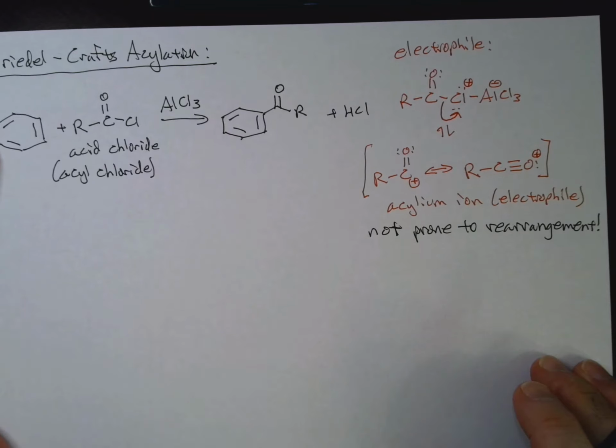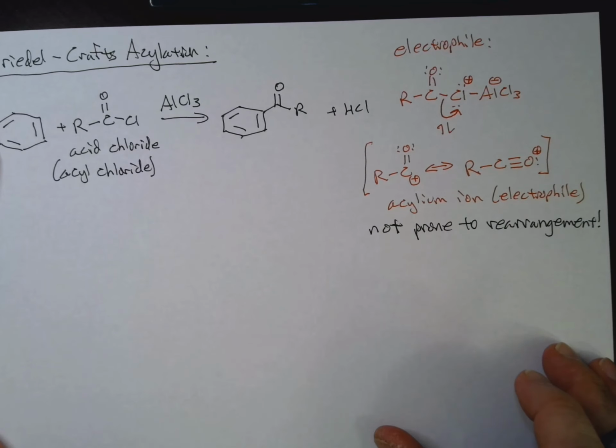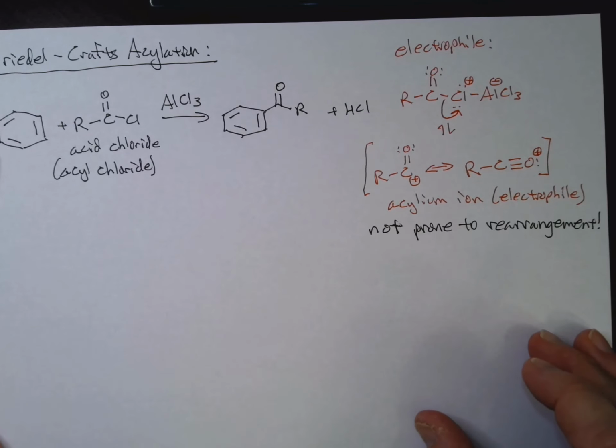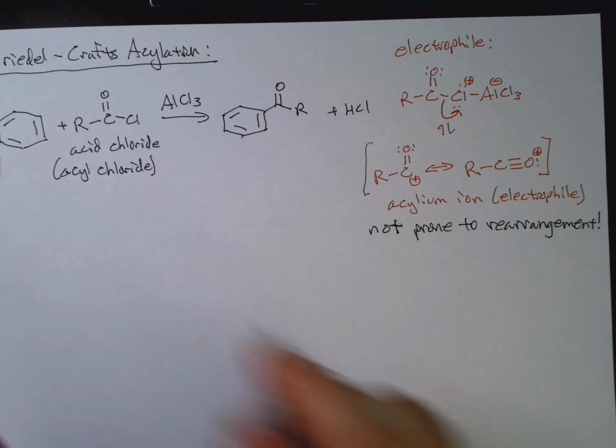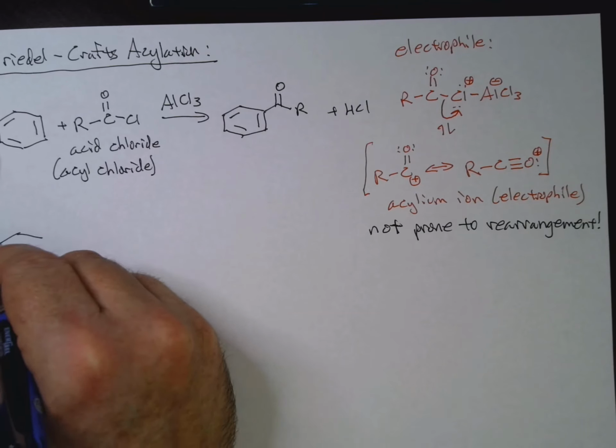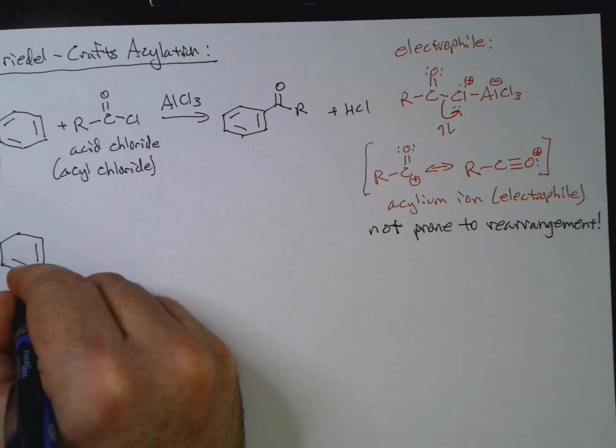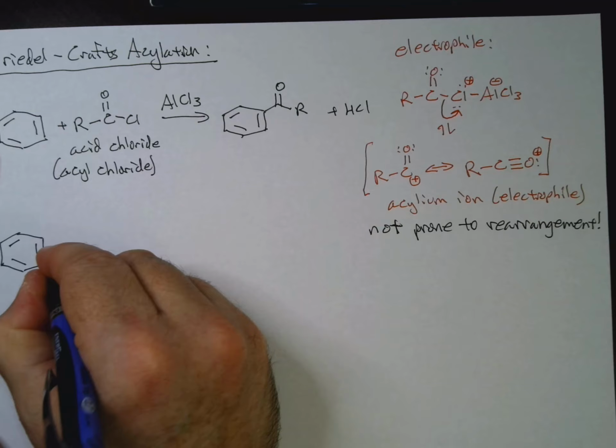Now, you may be asking, well, I wanted to put a propyl group on my benzene to start with. So, how do I do that? Well, that's where you have to do an additional step.